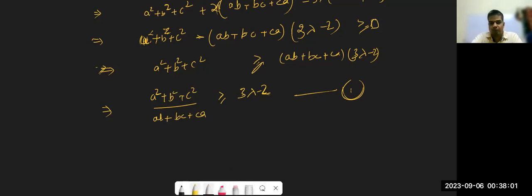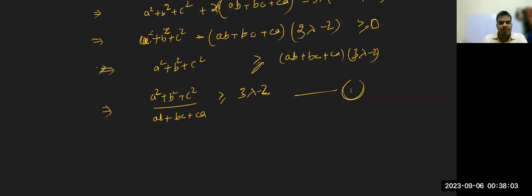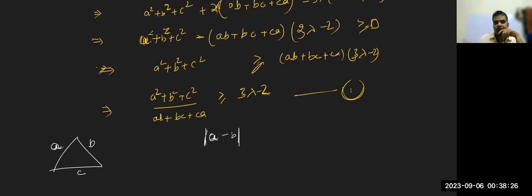So in class 9th, what we have studied: if A, B, C are the sides of a triangle, the difference of the two sides, whether it is A minus B or B minus A, we will take the modulus of that, is less than the third side.